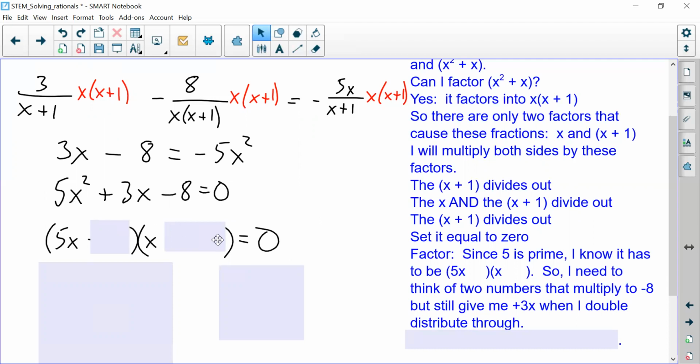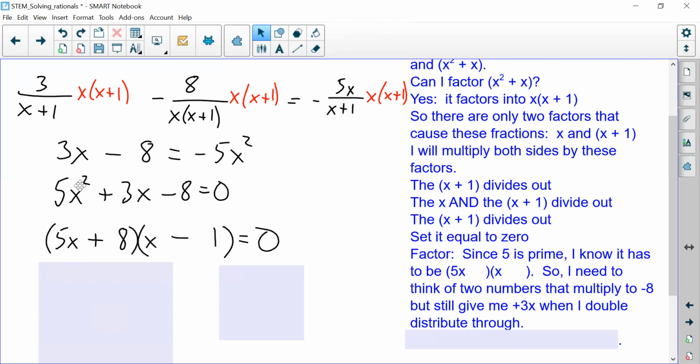Now these two numbers have to multiply to negative 8, but in such a way that when I double distribute, I get 3x in the middle. In fact, the 3x in the middle term comes from the outer numbers, 5x times this one, plus the inner numbers, this one times this. So it takes a little bit of thinking here, but eventually you will land on positive 8 and negative 1: 5x plus 8, x minus 1.